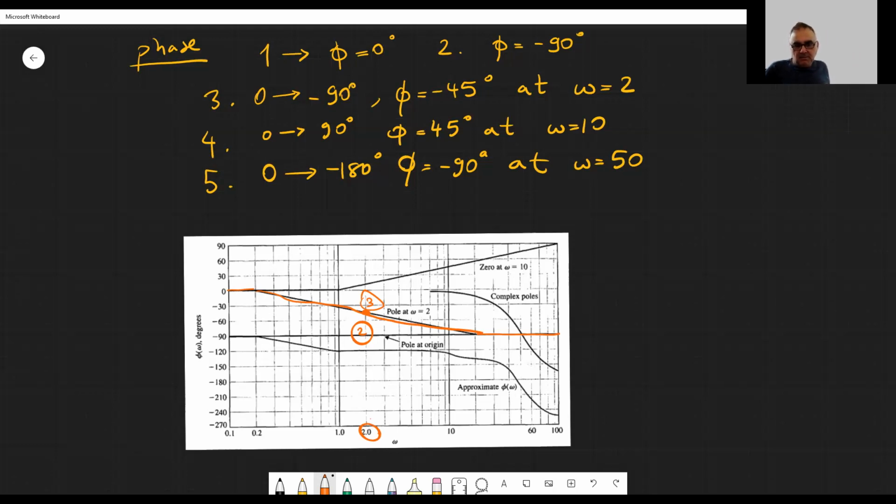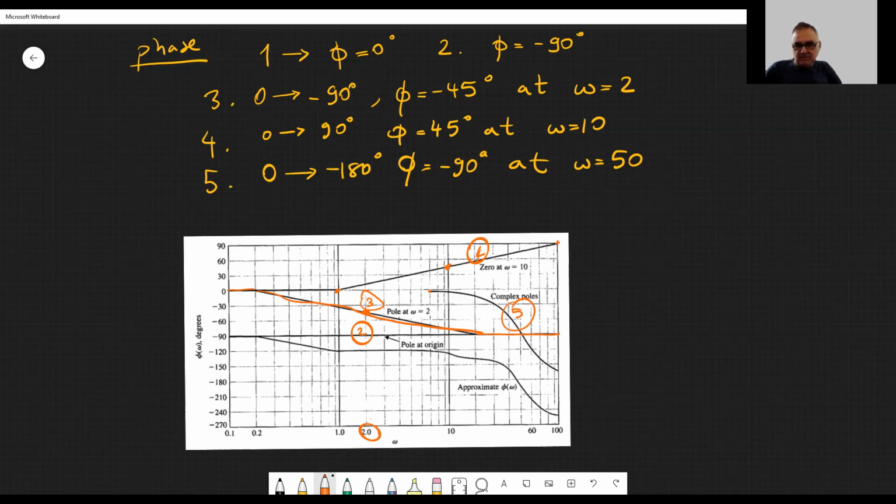And then this one, 0 to 90 degrees, 45 degrees at omega equals 10. This is the fourth one. And the fifth one, it's complex poles. So this one starts from 0 degrees, goes to -180 degrees.